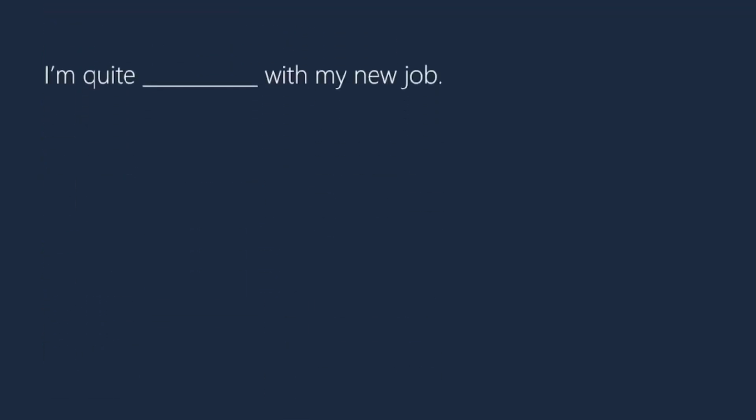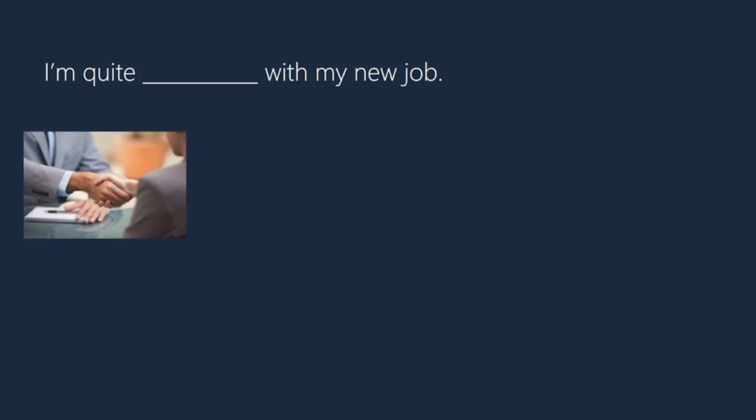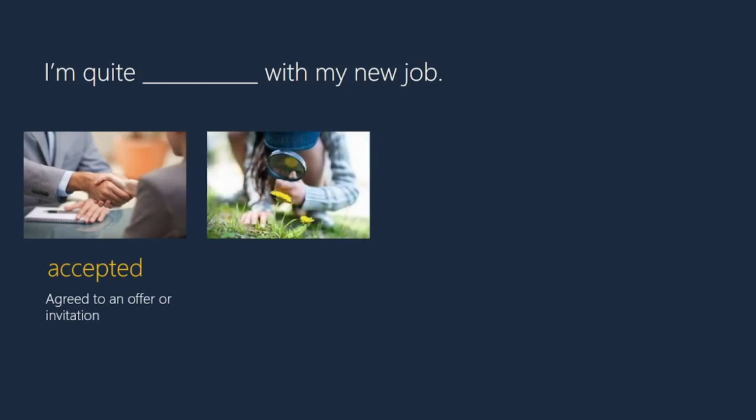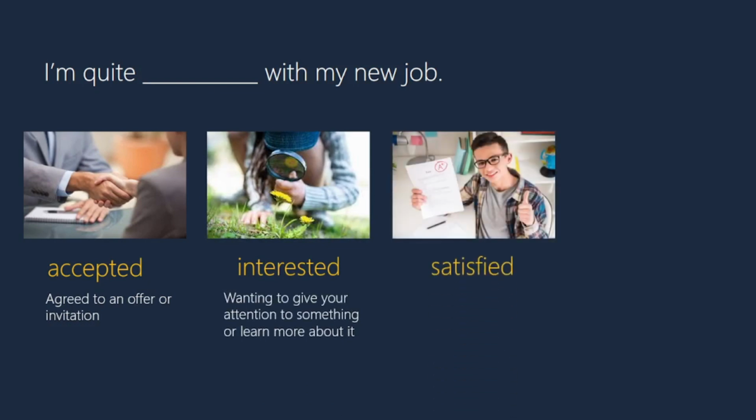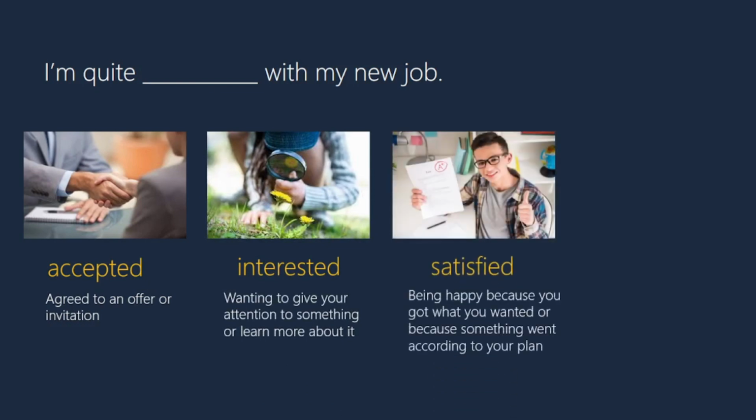So coming back to the task here, it says I'm quite something with my new job. So let's take the options for this one. Accepted, which means agreed to an offer or invitation. Interested, which means wanting to give your attention to something or wanting to learn more about something. Satisfied, being happy about something because you got something that you were hoping for.